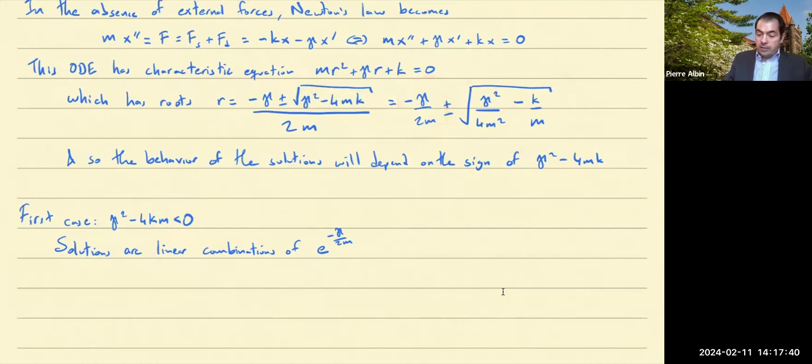So we have this exponential term out front, and then we have a sine or a cosine, right? Where the angle is given by the imaginary part times t. So it would be square root of k over m minus gamma squared over 4m squared square root times t, right? And the other terms would be the same, but with sine instead of cosine.